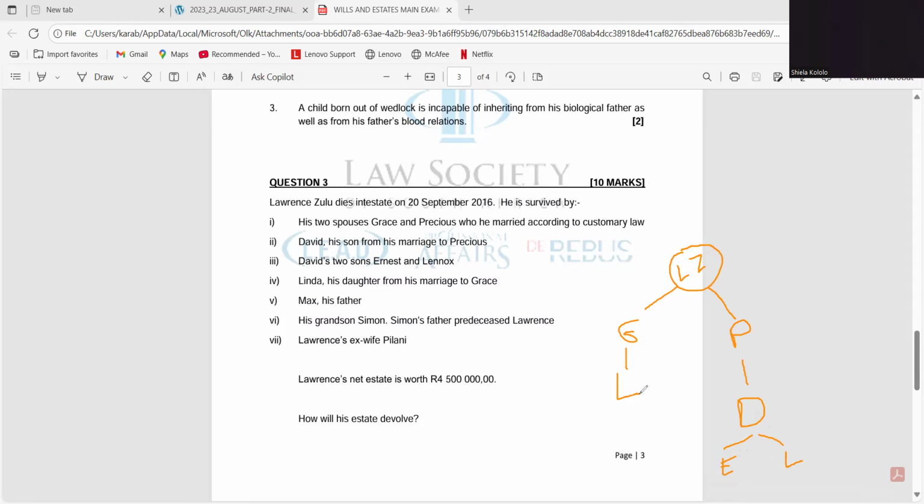Cool. His father, Max. Max goes on top. He's an ascendant. So we've got Max there. And then his grandson, Simon. Simon's father predeceased Lawrence, so we know he had a son.